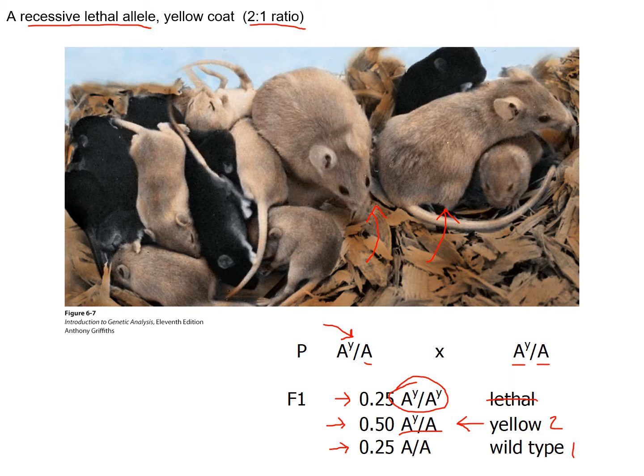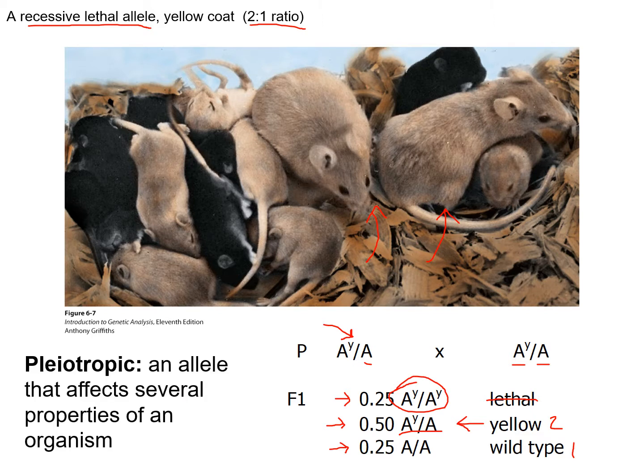recessive lethal. Now, the other thing you may ask about this example is why the heck does coat color matter? Why if you get too much color are you terminated in early development? Well, this is actually a case of something that we call pleiotropy, or a pleiotropic event, and that's when an allele has different properties or different phenotypes within an organism.